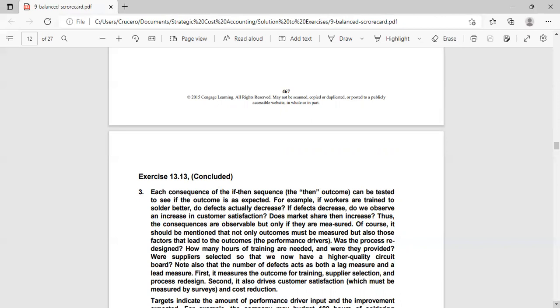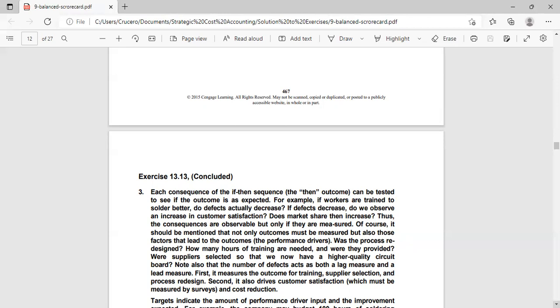If defects decrease, do we observe an increase in customer satisfaction? Does market share then increase? Thus, the consequences are observable, but only if they are measured. Of course, it should be mentioned that not only outcomes must be measured, but also those factors that lead to the outcomes. Okay.